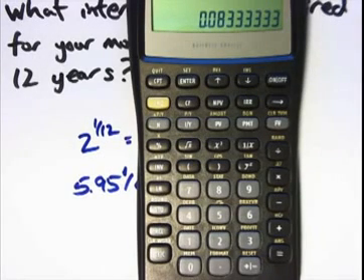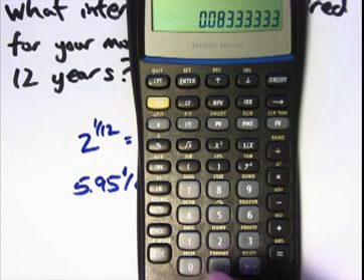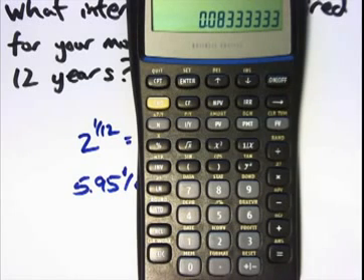This calculator has more memory than most, and so after I press STO, I need to press a digit here. Go ahead and press 0, and that's going to store that number in this calculator in a registry that's marked by a 0, if you will. I could have pressed one of the other numbers as well.